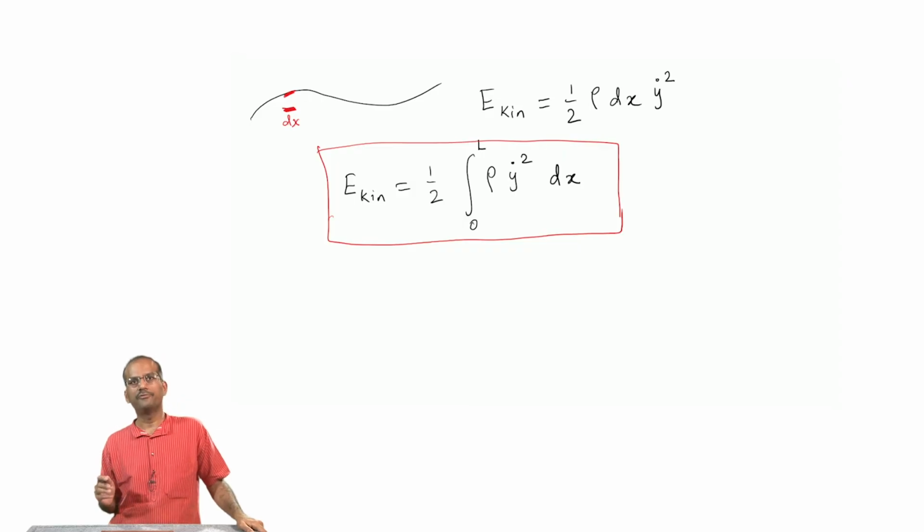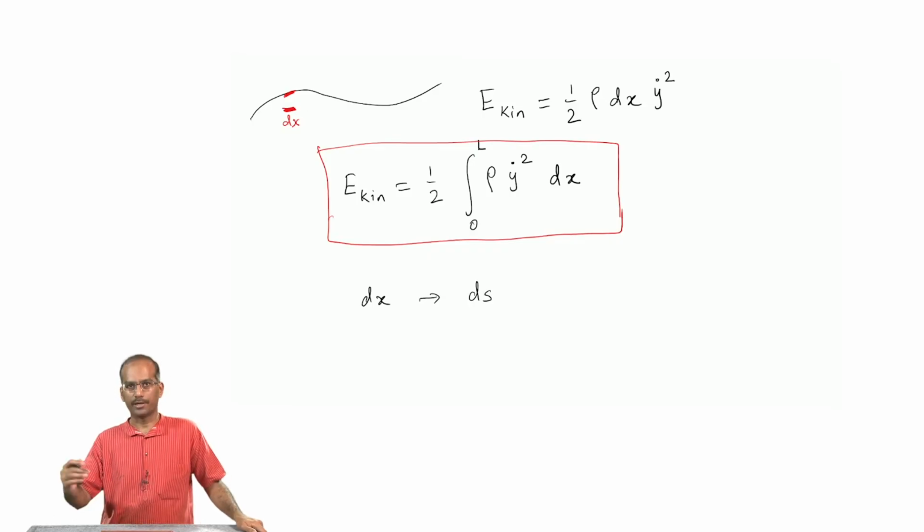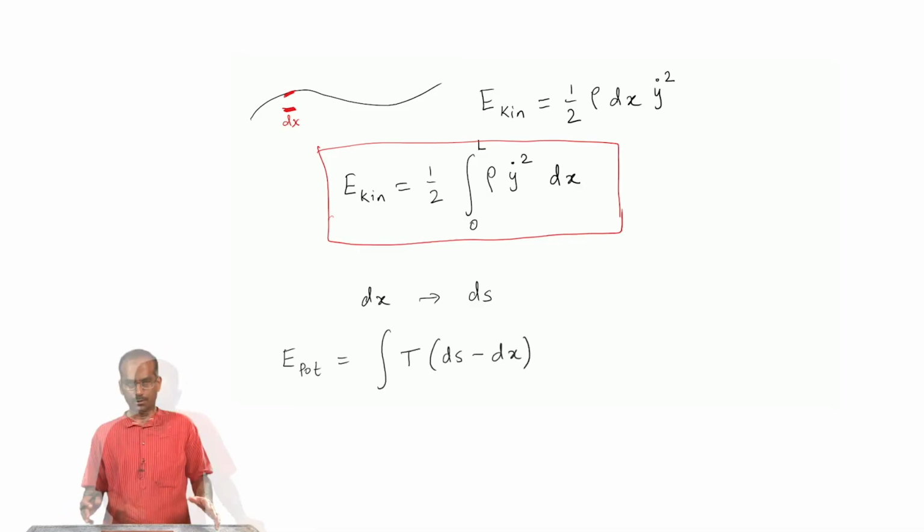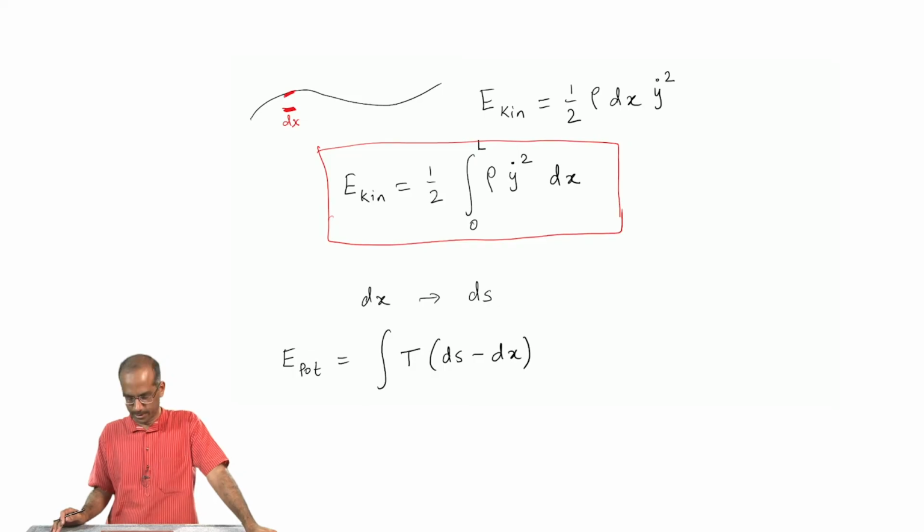If I have uniform tension T in the string and a small segment dx gets deformed and its length becomes ds, how much energy is stored as potential energy? Here I have my expression for the potential energy, which is the uniform tension T multiplied by this deformation, which is ds minus dx.